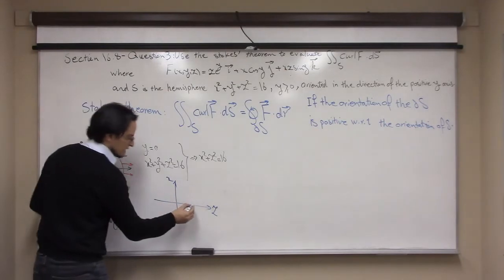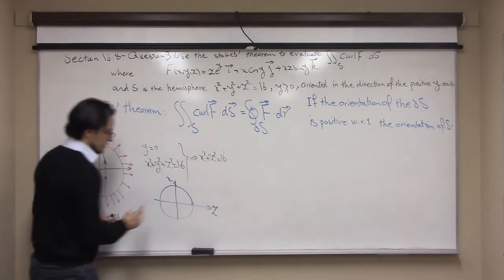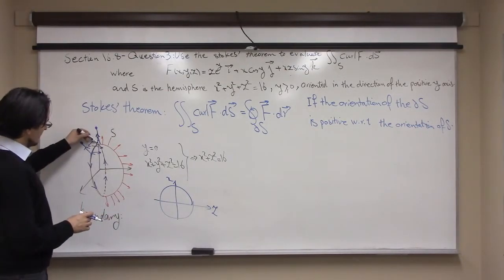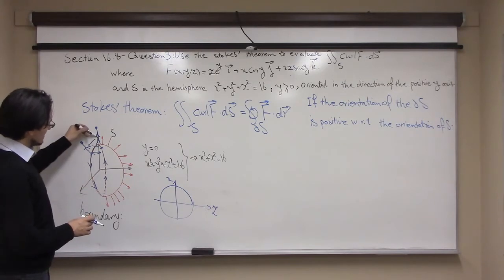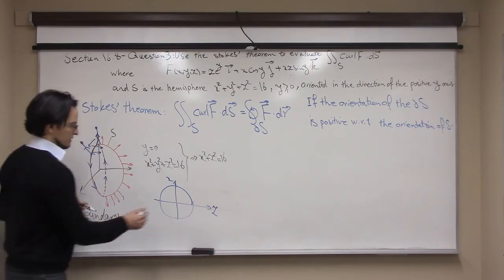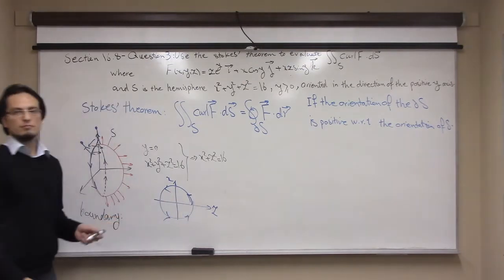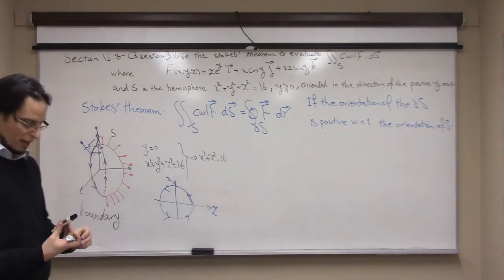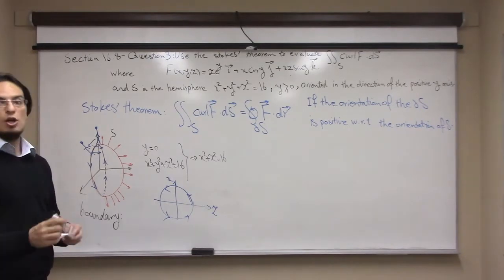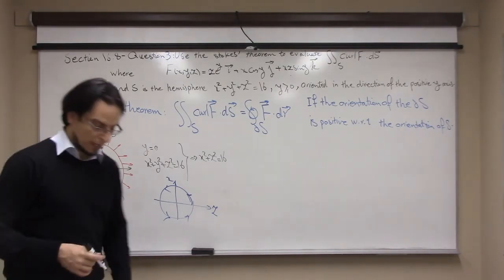So if that's the case, I have the circle. As I move from here to here, I'm moving from the z-axis to the x-axis. So this is the orientation. Okay, that's good. Now we found the boundary, and we found the positive orientation of that boundary.